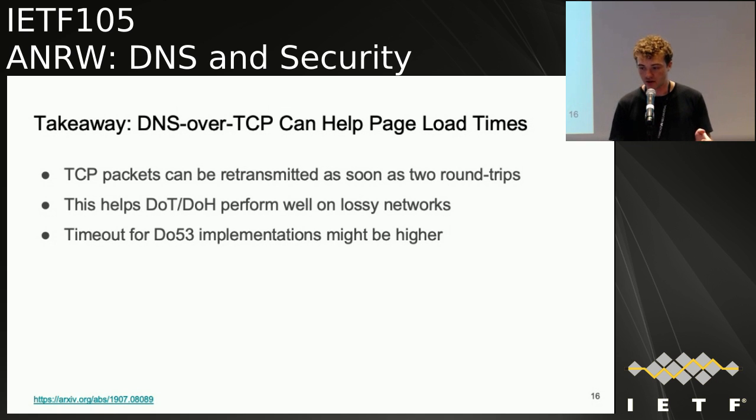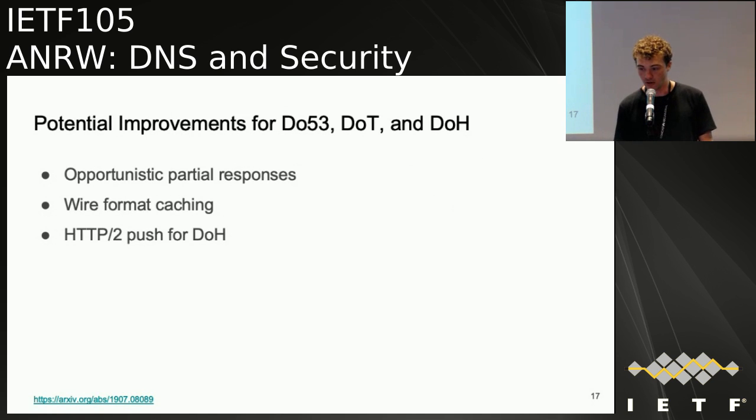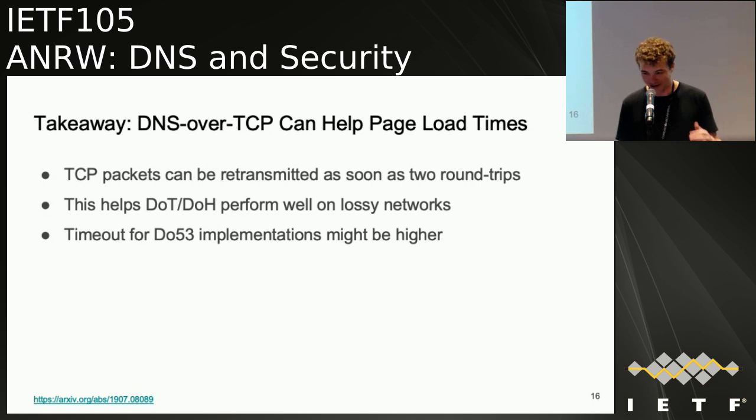We believe this is because TCP packets can be retransmitted as soon as 2 round trips. So as we're increasing the loss, more and more DNS packets are getting dropped, and this means that they could be retransmitted faster than something that's defined by a timeout, perhaps on the order of a couple of seconds for a traditional DNS timeout. This helps DOT and DO perform well on lossy networks.